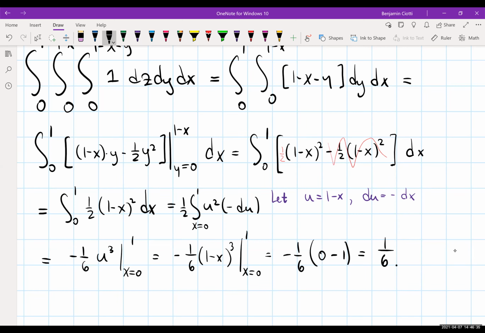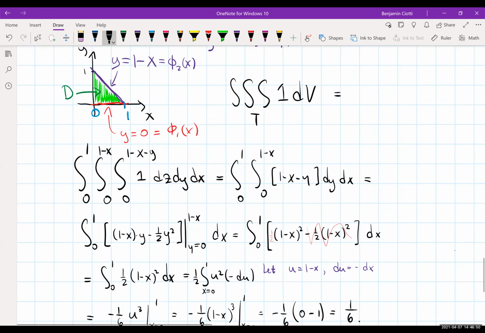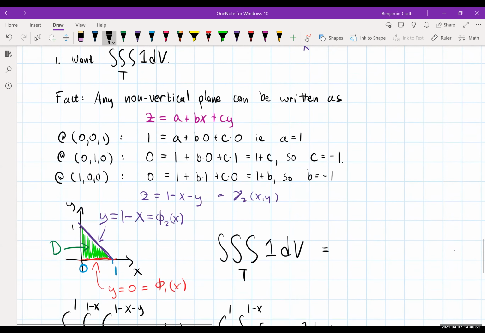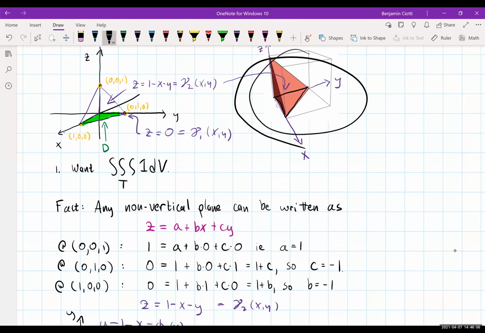Remember, we didn't even get to the average yet. This is just the volume. Average is coming up in part 2 of the problem. So the volume of this shape is 1/6. Actually, if you look at the picture, it almost looks like it takes up 1/6 of the cube, right?